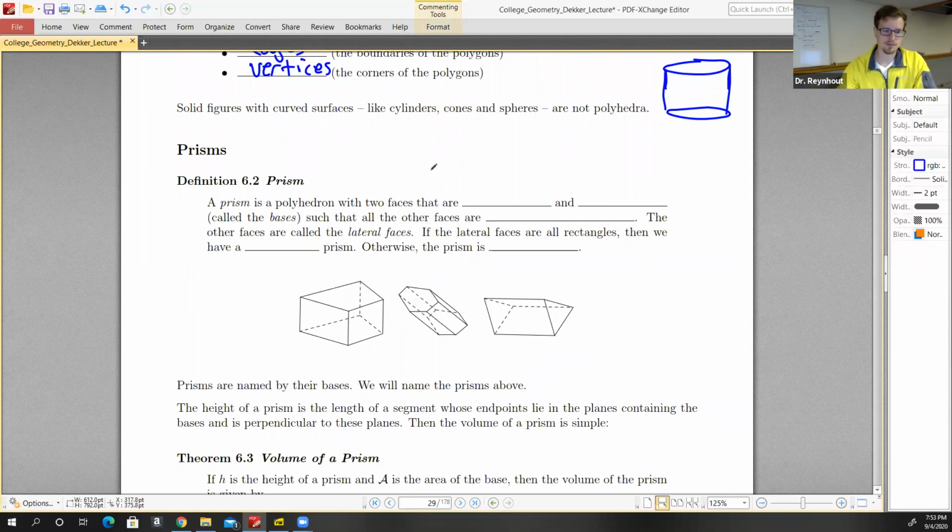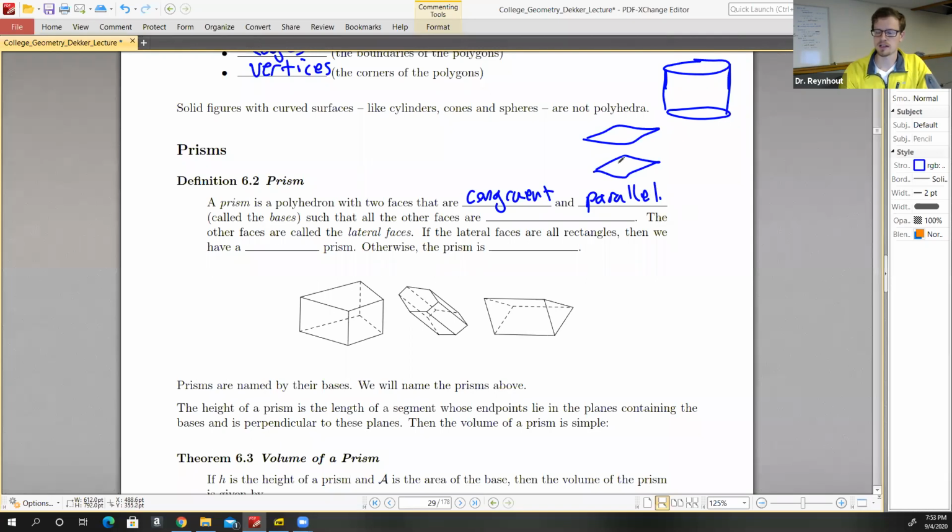So we have prisms. A prism is a polyhedron with two faces that are congruent and parallel. Now, what does it mean for two faces to be parallel? Well, if we make it really simple here, let's say that each face was a square.